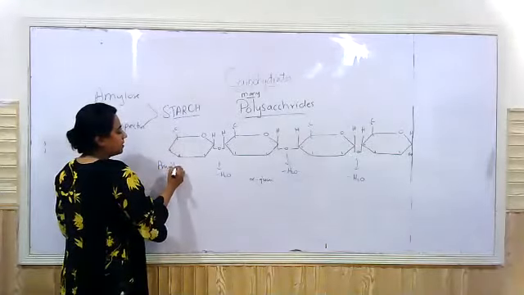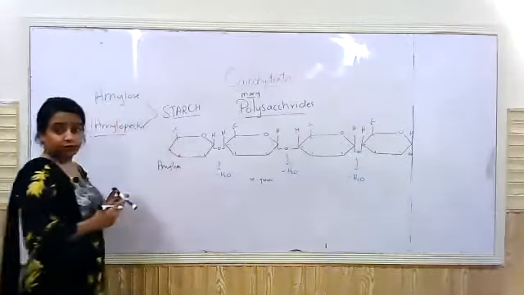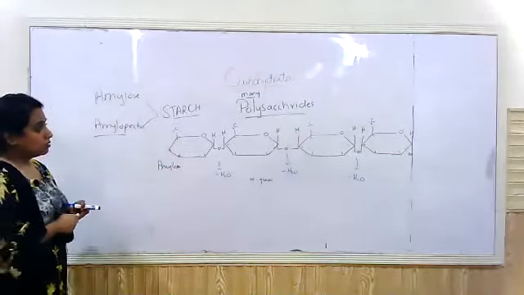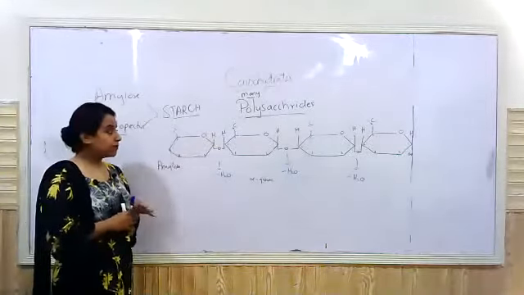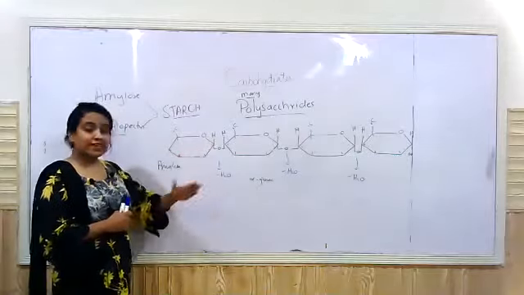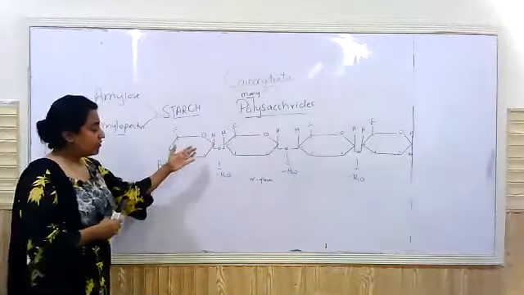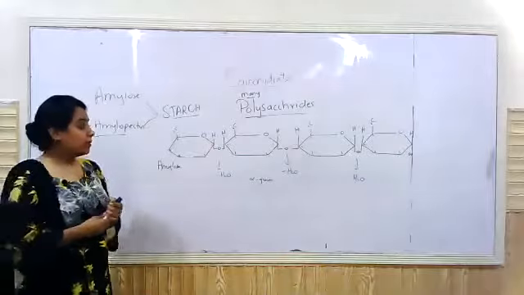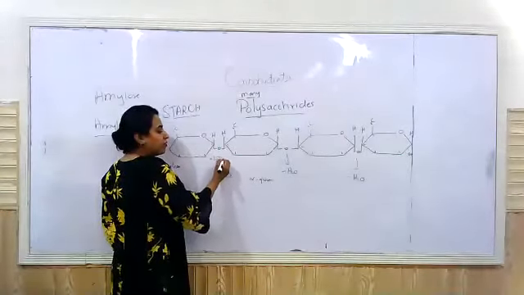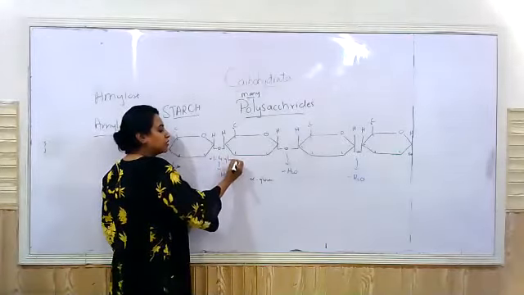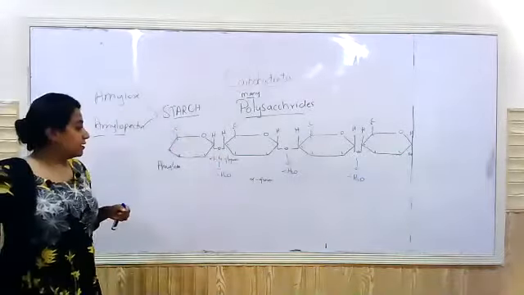This may be 50 molecules long, 100 molecules long. The linkage has a name. It definitely is a glycosidic bond, but we call it what? Alpha 1,4 glycosidic bond. A little bigger for you to see.